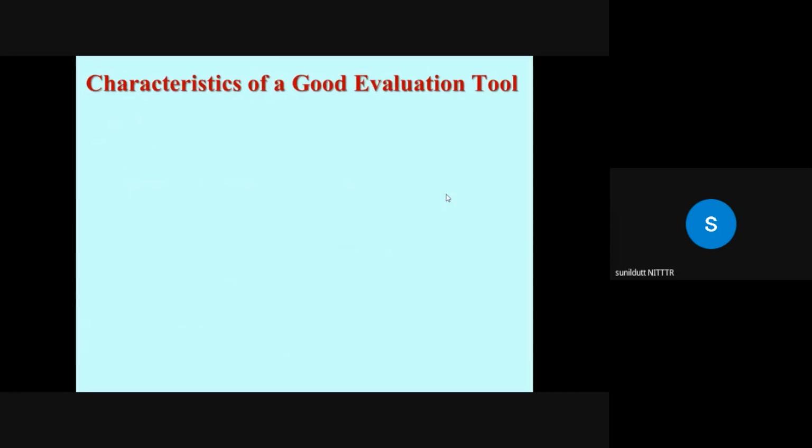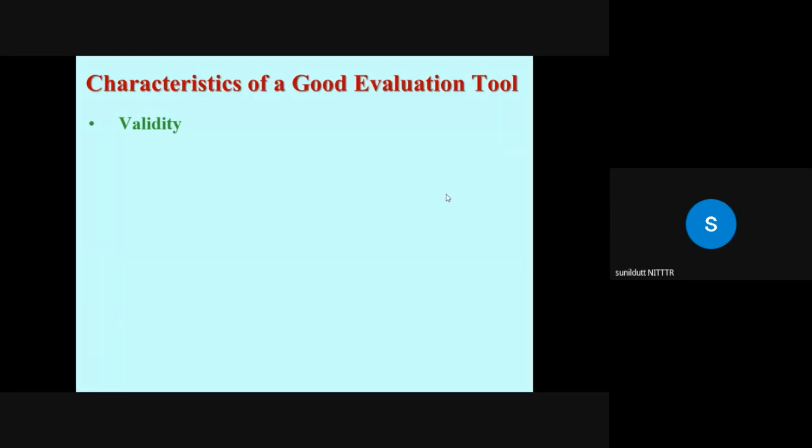Now coming to the characteristics of a good evaluation tool, that is, after you have developed the test, you need to look for the validity and reliability. So these are the two important parameters. So validity, I say a test is valid if it measures what it is supposed to measure.